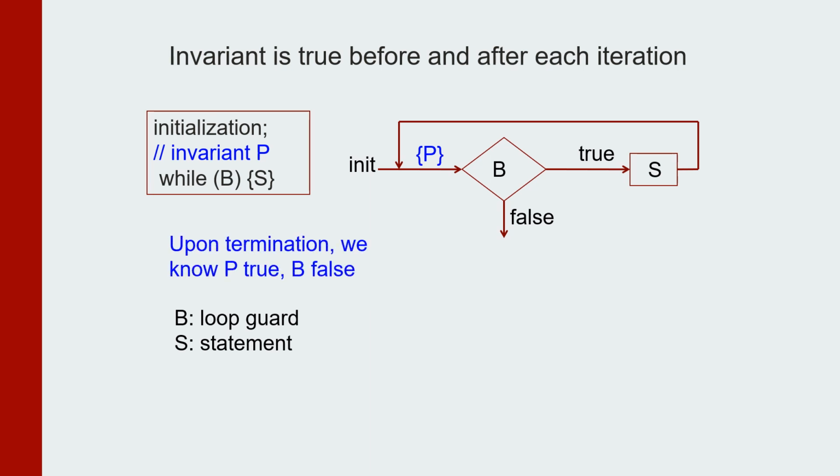And then at the end, when the loop terminates, p will still be true, but b will be false. Because p was a loop invariant, it was true before and after each iteration, but you only go into the loop if b is true. Okay, this is still a little bit abstract, so let's look at an example.